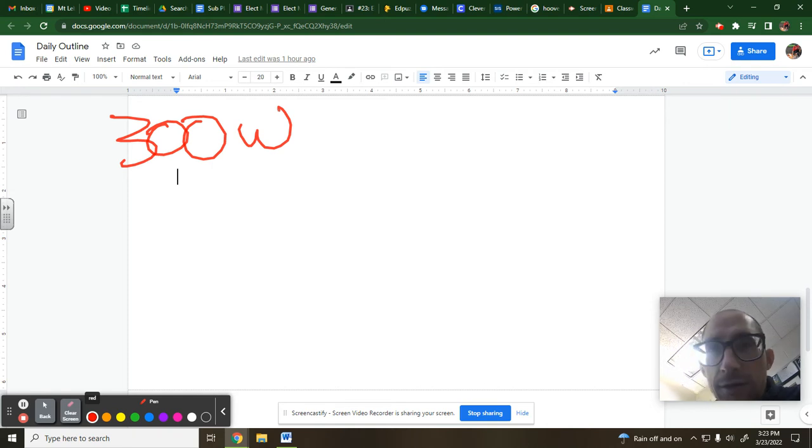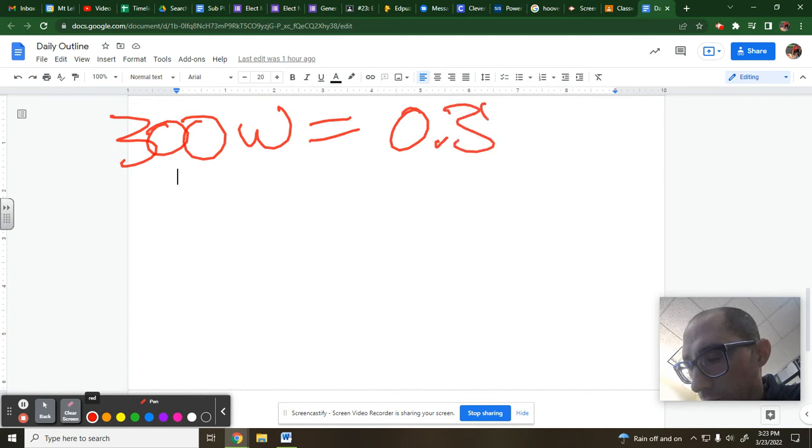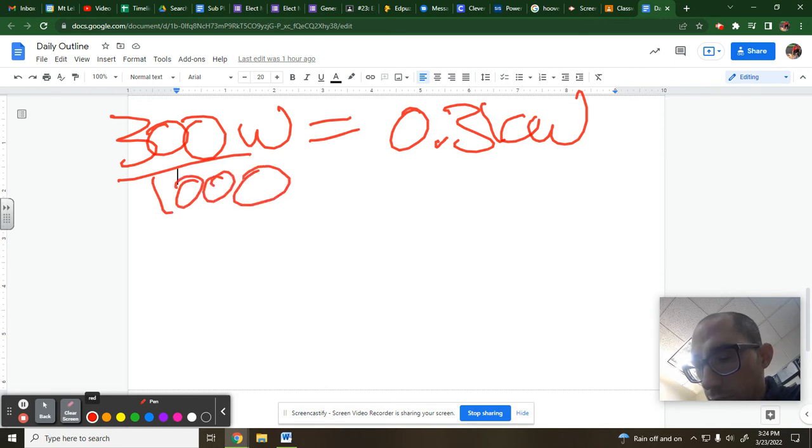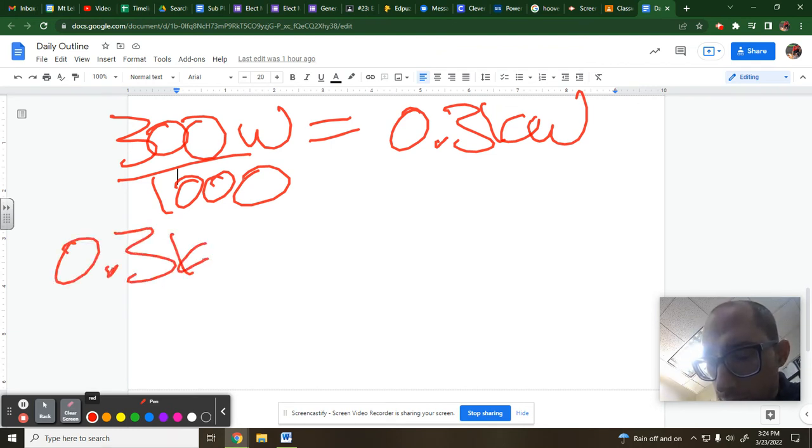Since there are 1,000 watts in a kilowatt, 300 watts is equal to 0.3 kilowatts. I took 300 divided by 1,000 to convert it into kilowatts. So a residential solar panel puts out about 0.3 kilowatts.